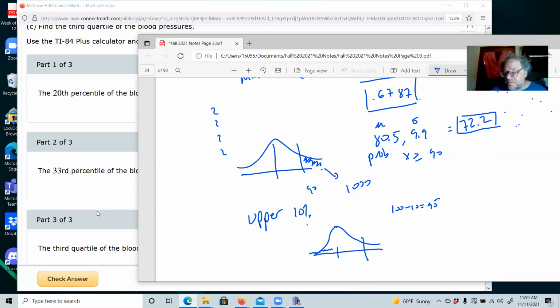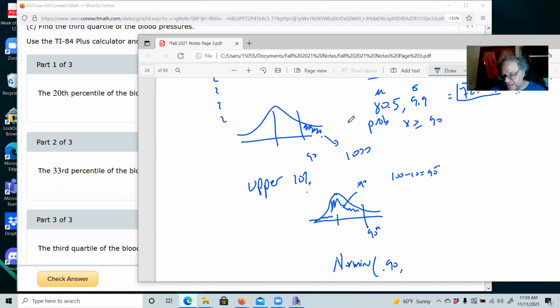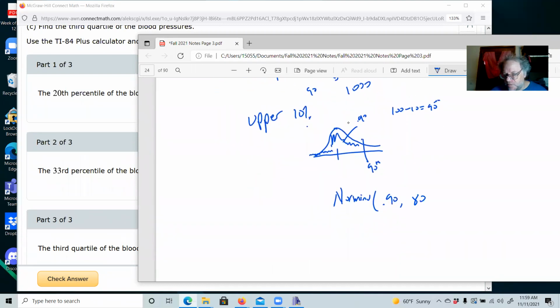The upper 10% would be the same as the 90th percentile. So we're going to crawl all the way up here. This is going to be 0.9. So we would have to do norm inverse, or inverse norm, 0.9, and then the mean and the standard deviation, 80.5 and 9.9. So that's the kind of thing you're going to do.